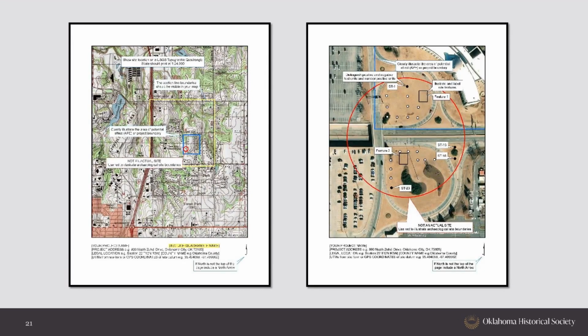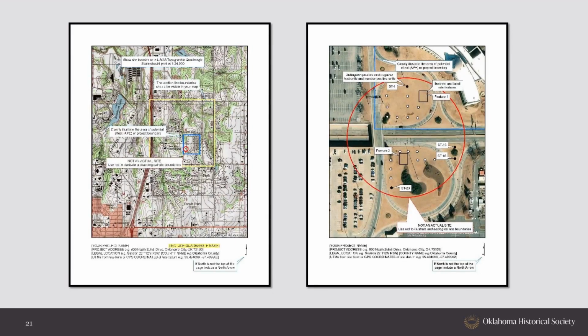Clearly illustrate the boundary of your APE if this is a 106 project also, and make sure that you're including the project information on your map. So we know the project, we know the location, legal location especially, and county.